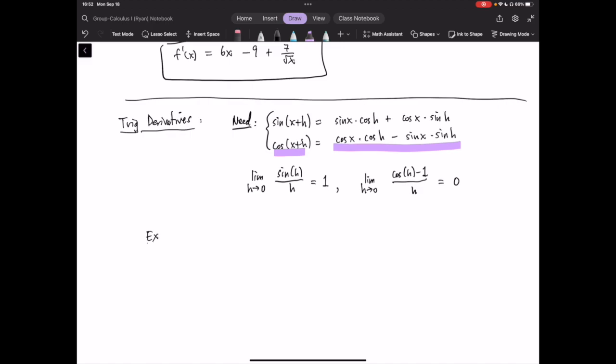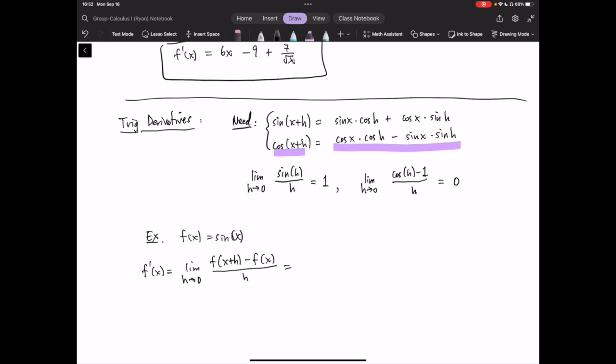Our example here is, if our function is equal to sine of x, we want to take the derivative. Then f prime of x is equal to the limit. This time I'm going to finally use our h definition of derivative, which we haven't used yet today: the limit as h approaches 0 of f of x plus h minus f of x, divided by h.